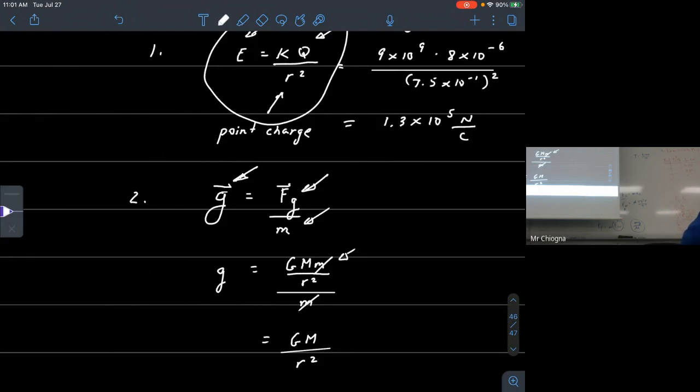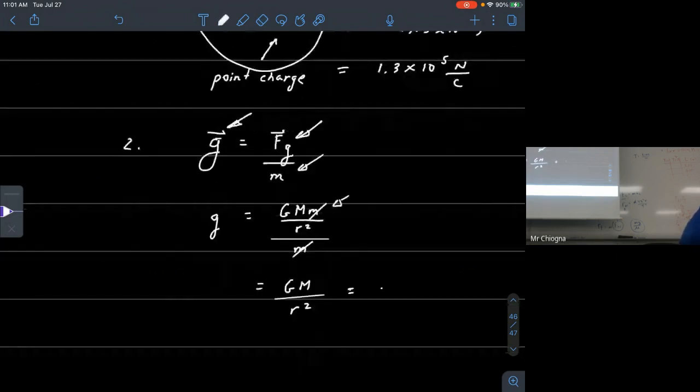We just need the mass of the planet and the distance to the point in question. I'm going to write it down below here. It's a weaker constant. It's not 10 to the 9, it's 10 to the negative 11. Mass of Mars.